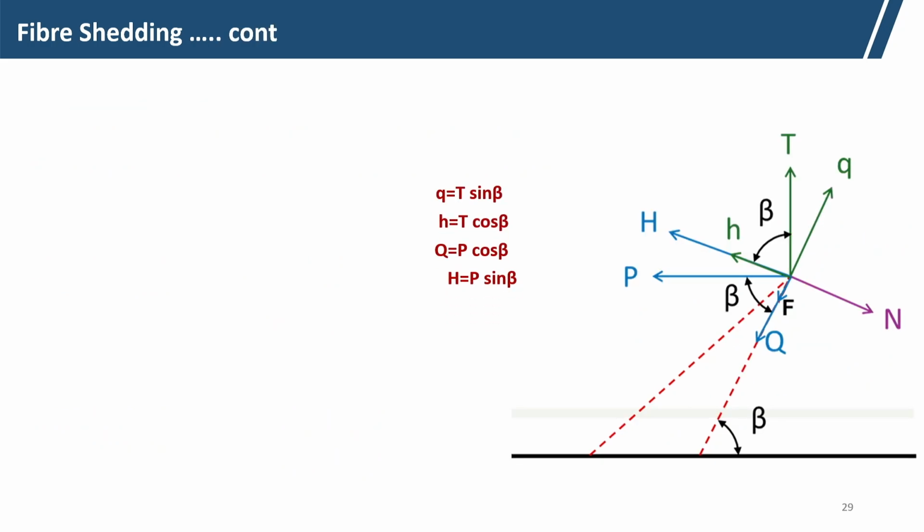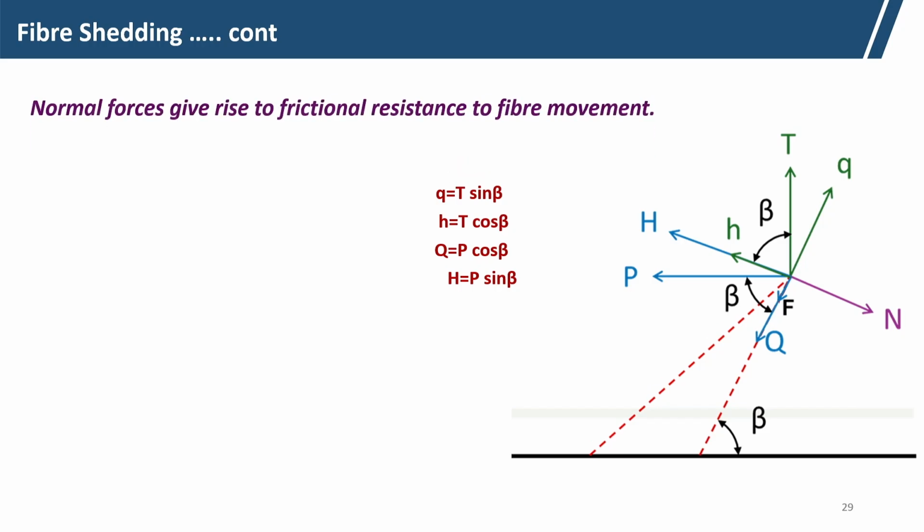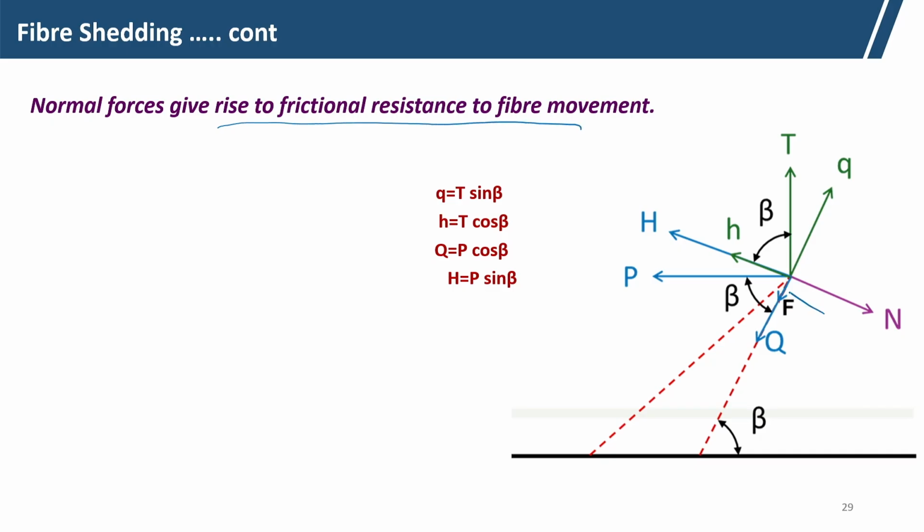Now, you can see the normal force gives rise to the frictional resistance. Whatever normal force is there, it gives rise to the frictional resistance to the fiber movement. So, it resists the fiber shedding.